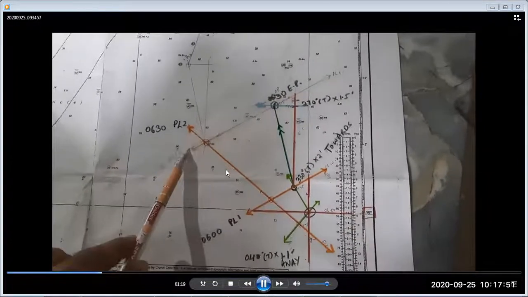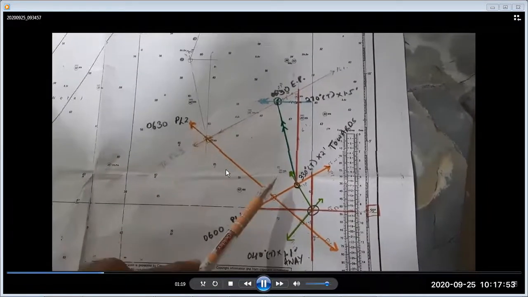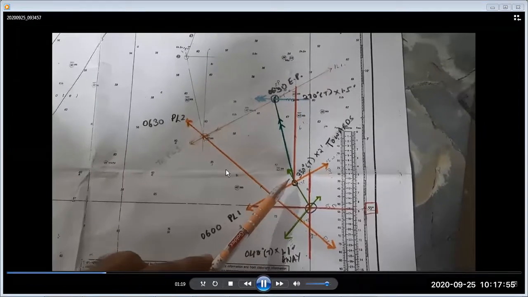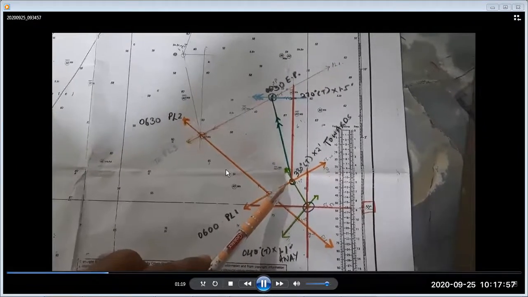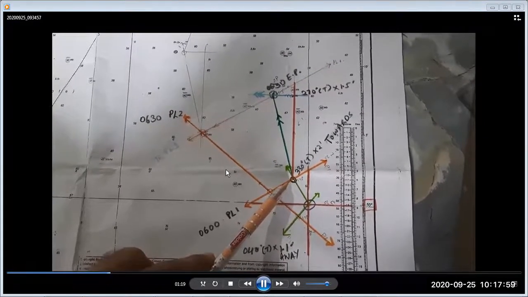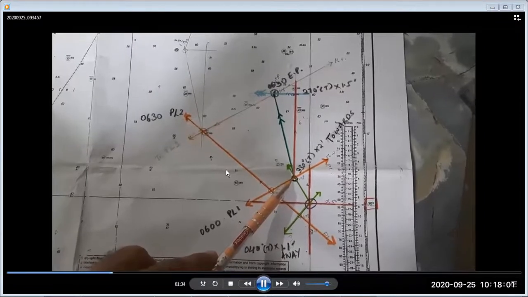Now this question is like our running fix, where we have 0600 first PL and 0630 second PL. We have the course to steer and the current. So we take any point on the first PL. Suppose we take this point only, and from this point we draw the course to steer 000.